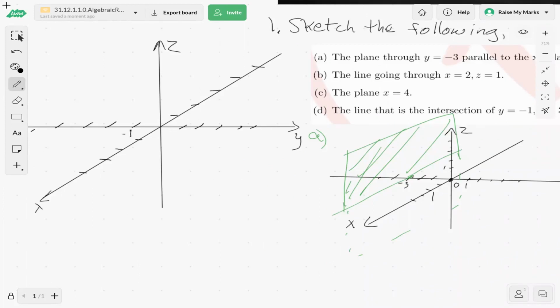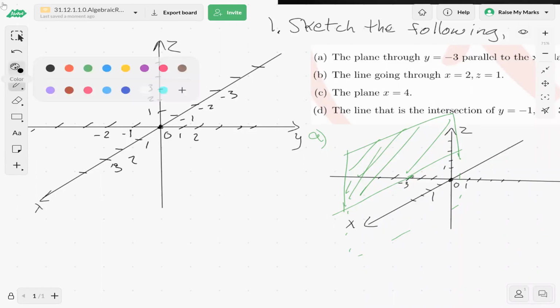So positive direction for our y-axis is towards the right. Negative is towards the left. Positive direction for the x-axis is towards us. Negative away. Upwards is the positive direction for the z-axis, and down is negative, and right where these three axes intersect is our origin.